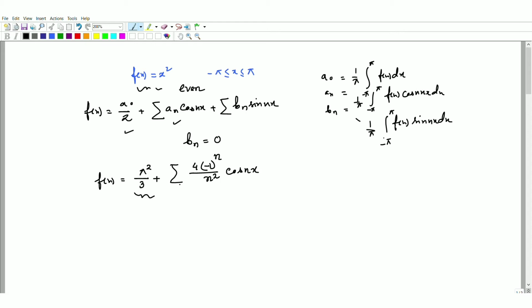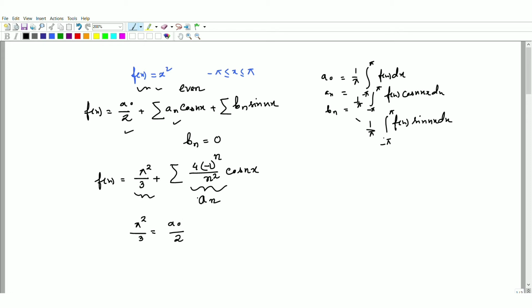So this is the value of an, and this is the value of pi square by 3. This is the value of a0 by 2. This is not the value of only a0, remember, this is the value of a0 by 2.